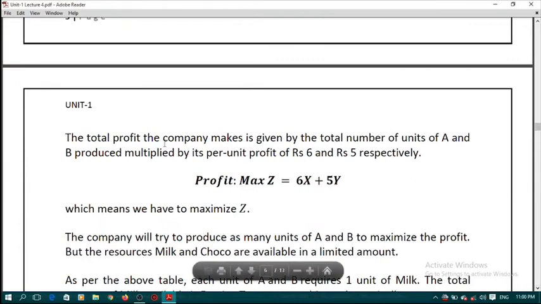The total profit the company makes is given by the number of units of A and B produced multiplied by the per unit profit of rupees 6 and rupees 5 respectively. So maximum of Z equals 6x plus 5y, which means we have to maximize Z here.